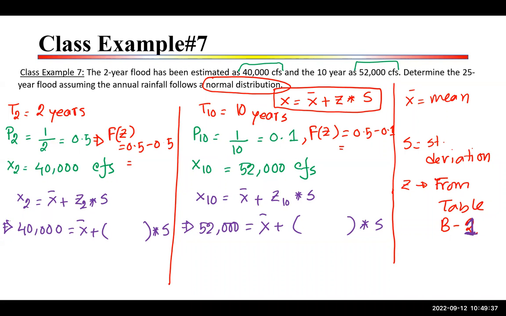For the very first one, Fz is what? 0, okay, and for the second one, 0.5 minus 0.1 is 0.4, okay, I will keep that one. Now, can you go back to that table and tell me for Fz 0, what the Z value will be? Okay, I just need 1 minute to explain this and then we'll stop.